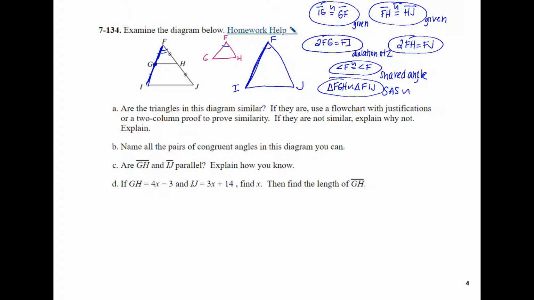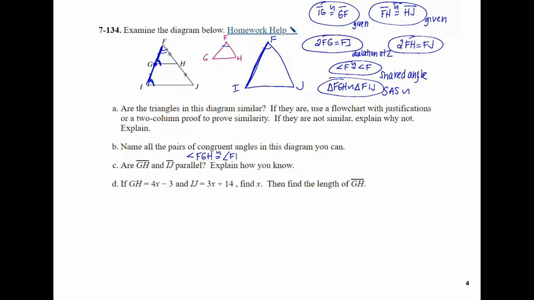Name all the pairs of congruent angles in the diagram. I know that angle FGH is congruent to FIJ, and that's because we proved our two triangles similar, which means our angles would be congruent.